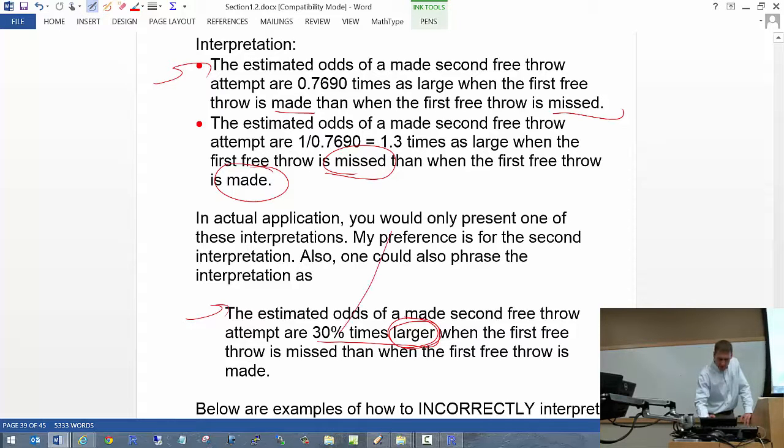So all I'm doing is taking a little bit of a different interpretation based upon that 1.3 that we had there, just like what we were doing with the relative risk before. So I'm not trying to confuse you by throwing all these interpretations out there. I'm trying to get you used to these interpretations because depending upon what paper you read or depending upon what your interest is in interpreting your own odds ratio, this gives you some background of how to do it.